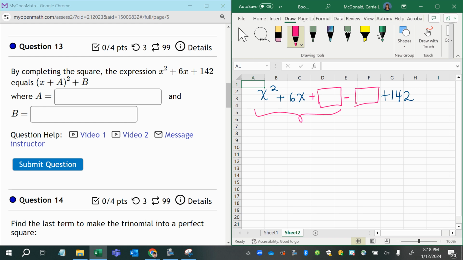So if I divide 6 by 2, I get 3. So 3 squared, which is 9, is what I want to add. I want to add 9, and I also want to subtract 9.